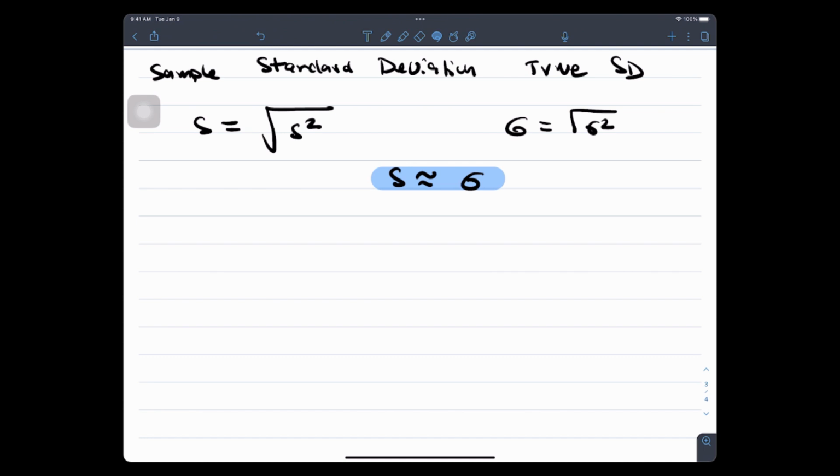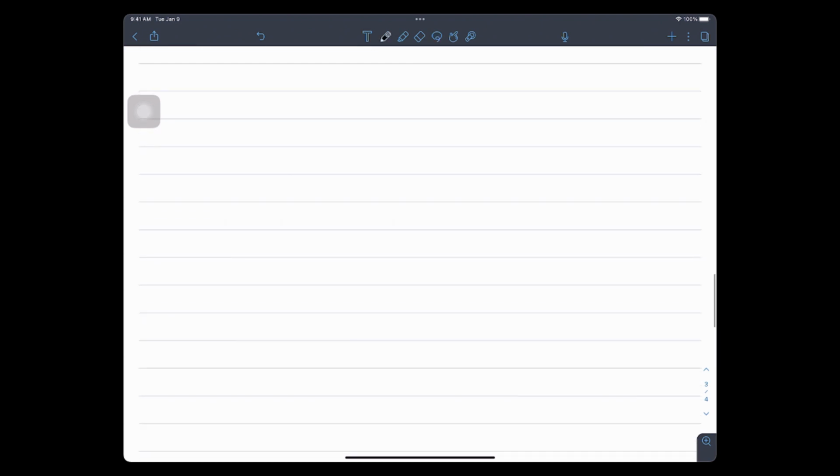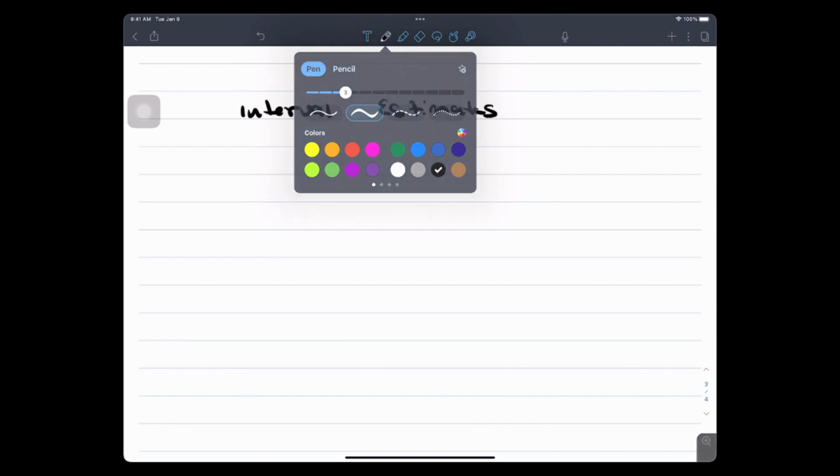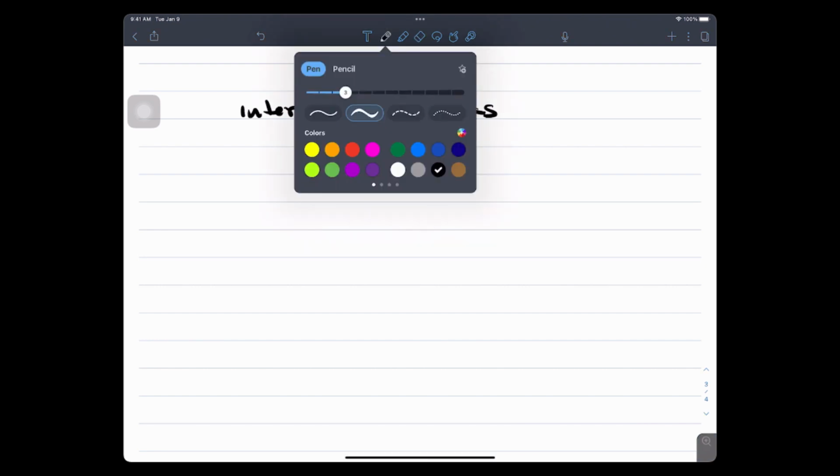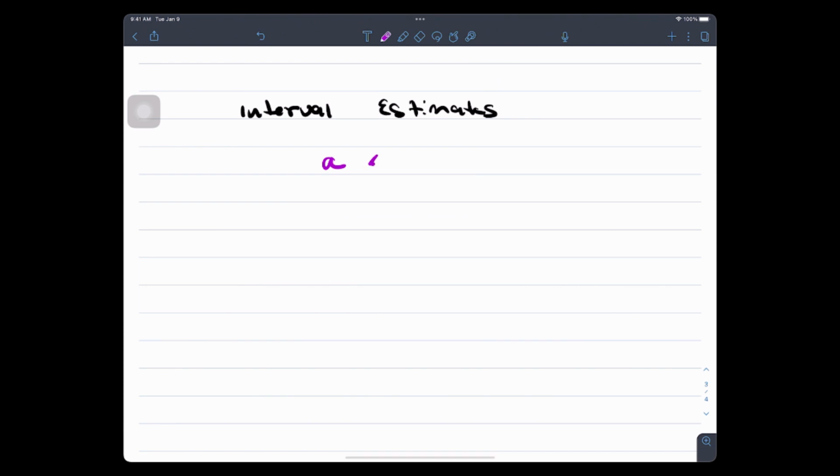Okay, now I want to say this to you guys. We have something called interval estimates. Okay? Interval estimates. Do you guys remember working with intervals in intermediate algebra? You say you have an interval estimate. That's where you have, for example, it's going to go back to algebra. And I always use purple for my algebra, right? a is less than x, less than b.